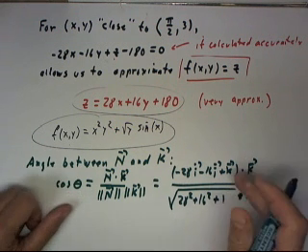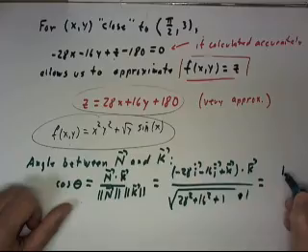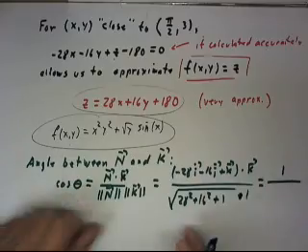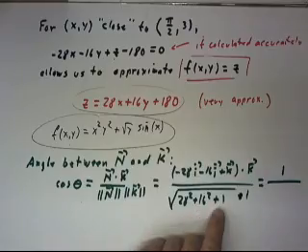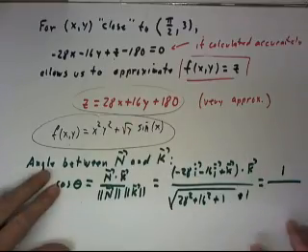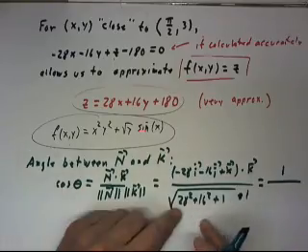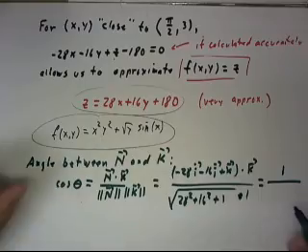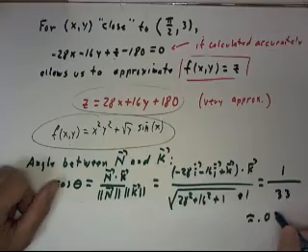Well, the dot product of this vector with k is just 1. This quantity down here, square root of 28 squared plus 16 squared plus 1, well, that's not a whole lot more than 28. 16 is about half of 28. I'm going to estimate that's maybe 33, so the cosine is approximately 0.03.